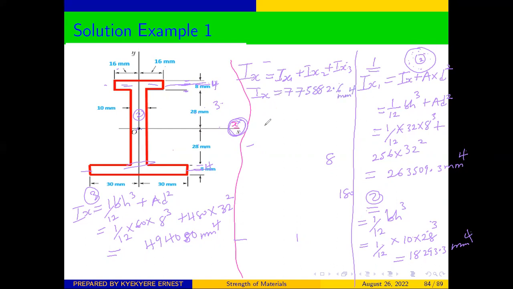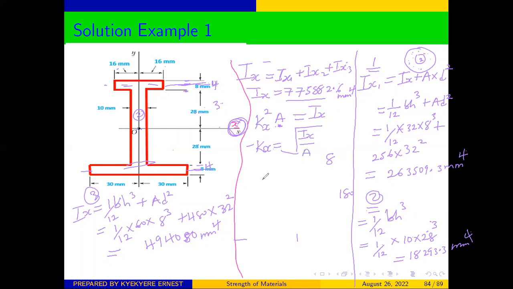And from there, we are asked to calculate the radius of gyration. We know that k squared, the radius of gyration, times the area is equal to Ix. And Ix is here. We know the total area, this is the total area of the structure. So kx will be equal to the square root of Ix over the total area.